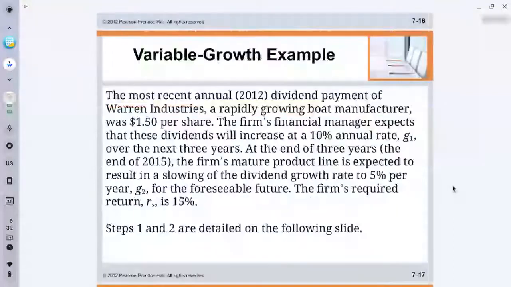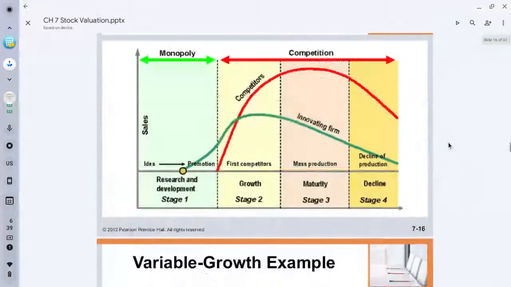So think about it. We don't want this plateau, right? When the growth doesn't increase anymore, when the growth is not positive, when the growth rate is 0, when it plateaus out, that's not when we want to invest in this company.